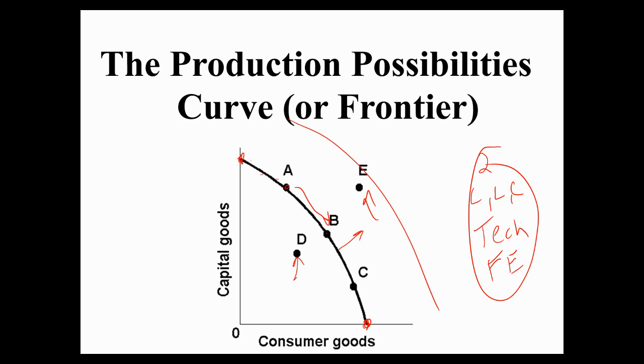So if there's an innovation in consumer goods, we would see something like this. We know when we have the curve like this, we typically have an increase in opportunity cost. If our curve was perfectly straight, then that's probably a constant opportunity cost.